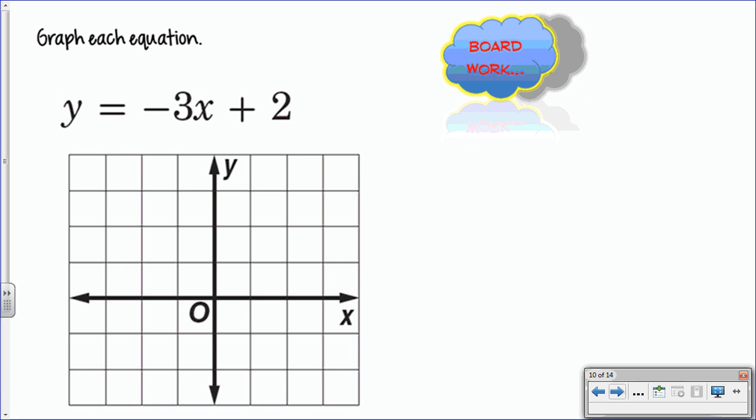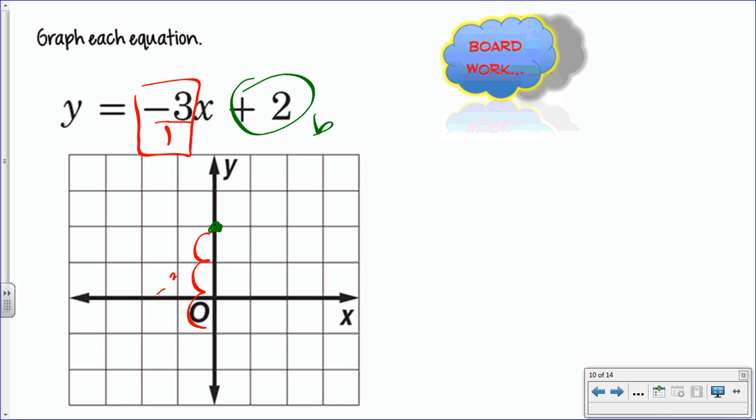Okay, what about this one? Positive 2, which is my y. Got my slope, which is... so down 1, 2, 3, and then right 1. Okay.